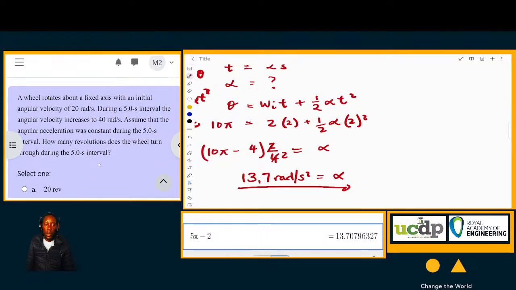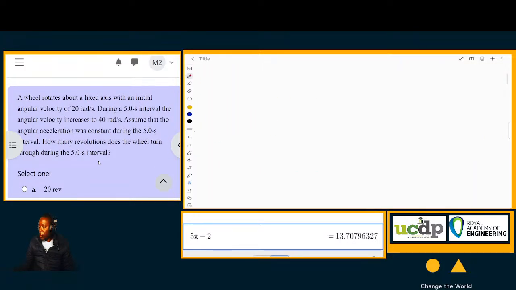Now we can jump to number 13. Number 13, similar. We collect our data. So given quantities, first we have an initial, so a wheel rotates about a fixed axis again with an initial angular velocity, omega I of 20 radians per second. Then during a 5-second interval, the angular velocity increases to 40.